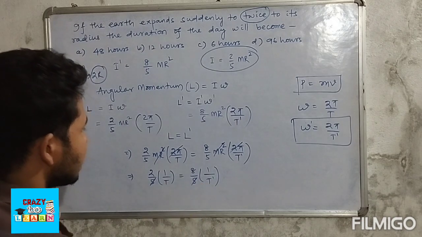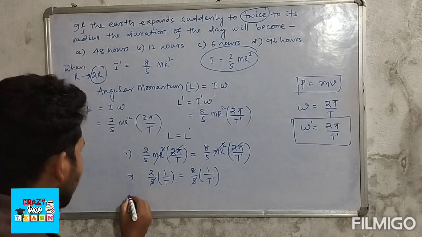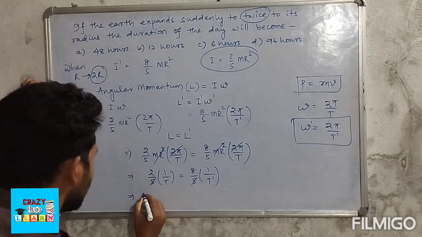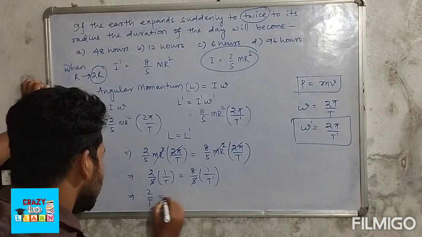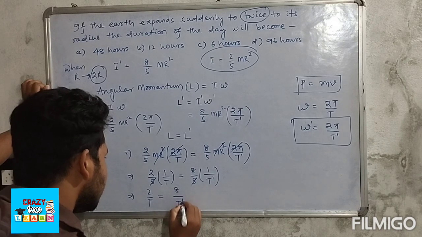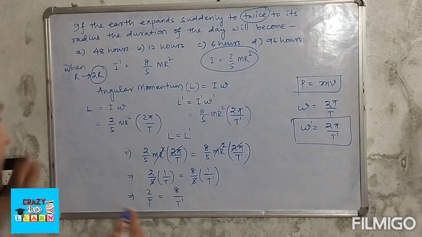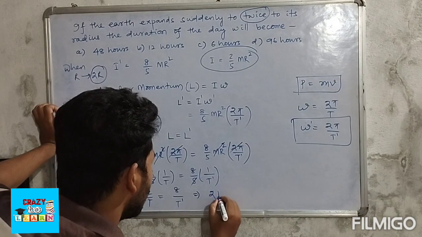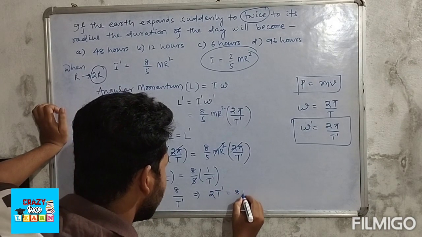Cancel 5 from both the sides. Now what will you get? 2 by t is equal to 8 by t dash. Then cross multiply: 2t dash is equal to 8t.